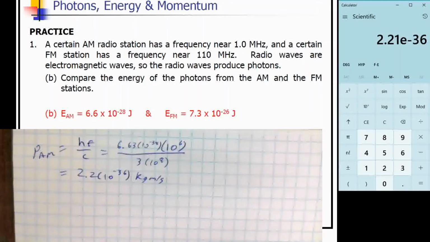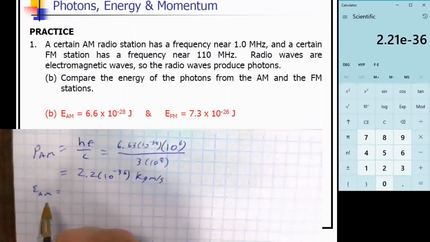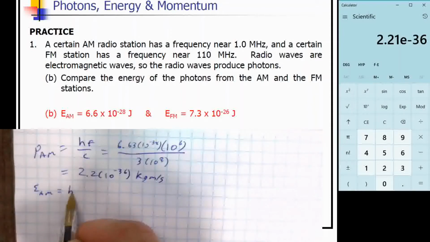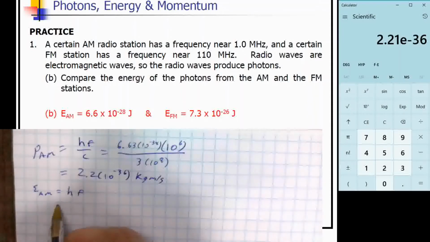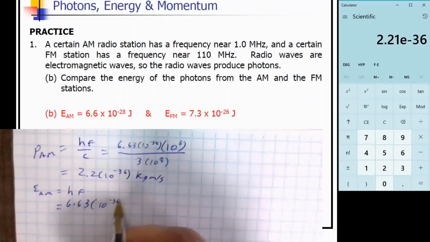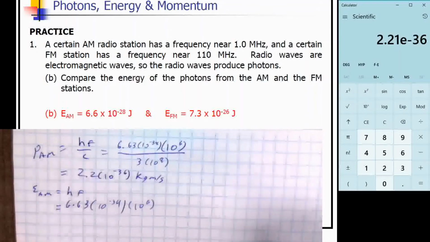So now we have to compare the energy, and I'll find the energy just for the AM signal. The energy of the AM signal is h times f, and in this case, h is 6.63, of course, times 10 to the negative 34. Our frequency is 10 to the 6.